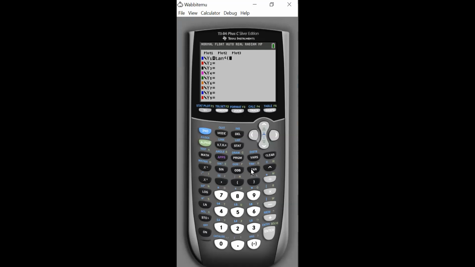Pretend a is the variable, so x squared. Then you minus away tangent inverse of x. That's the first equation. Then the second equation is 0.22. Then you just need to graph.